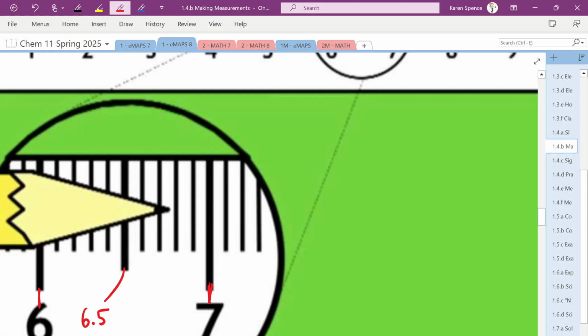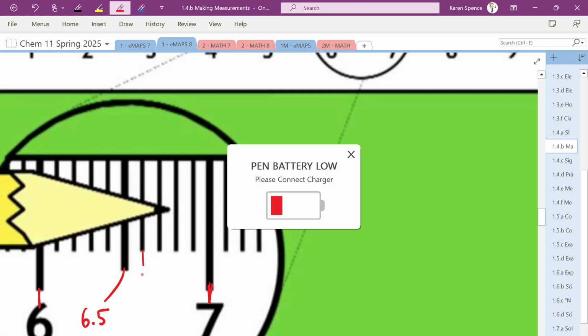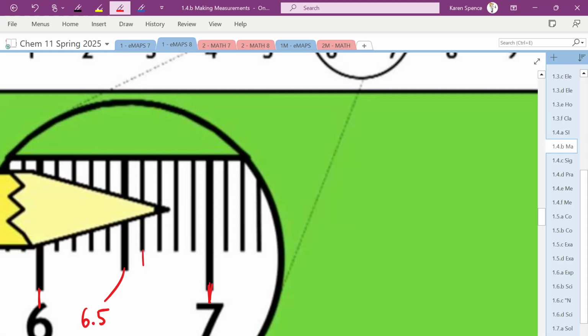This one here would be 6.6. We would have 6.7. So this one here is 6.7. And this one is 6.8. So we are somewhere between 6.7 and 6.8.